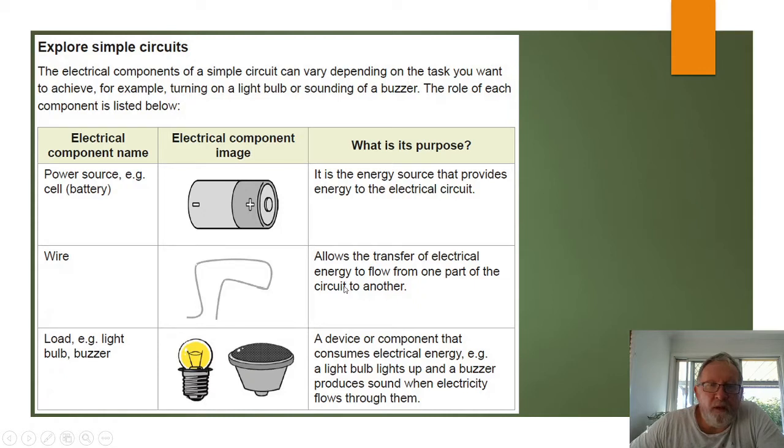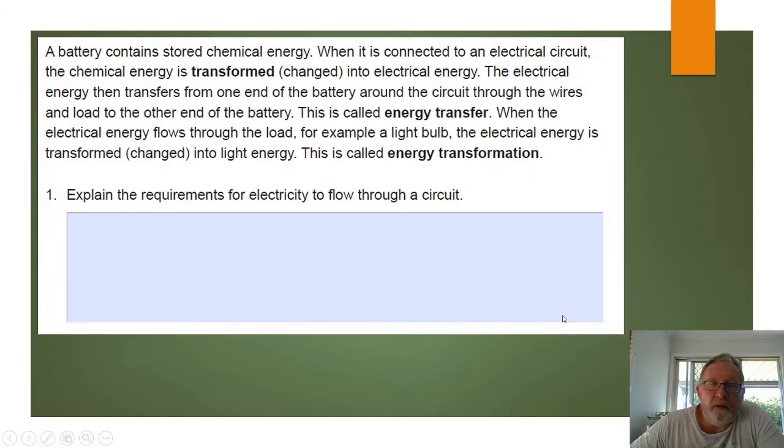Wire allows the transfer of electrical energy to flow from one part of the circuit to another, and then a load such as the light bulb or the buzzer, and these devices or components consume electrical energy. A light bulb lights up, a buzzer produces a sound when electricity flows through them.